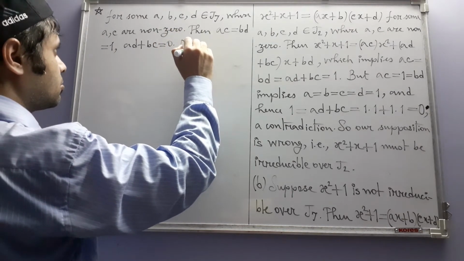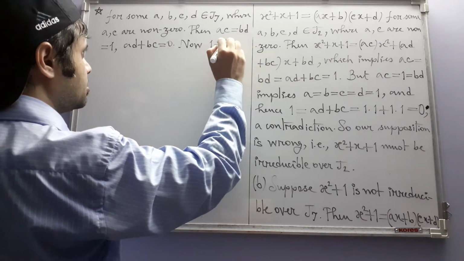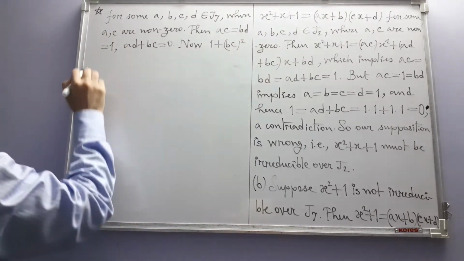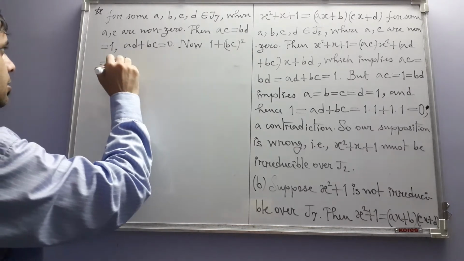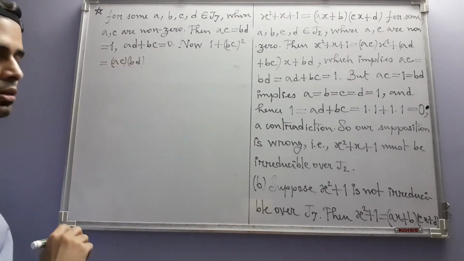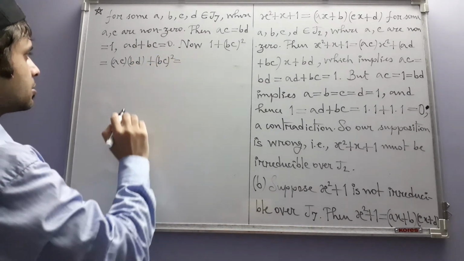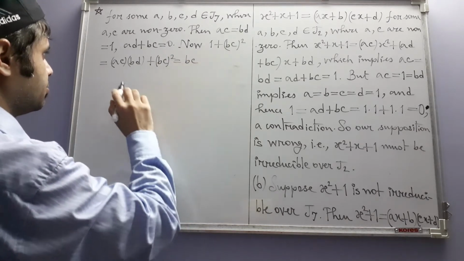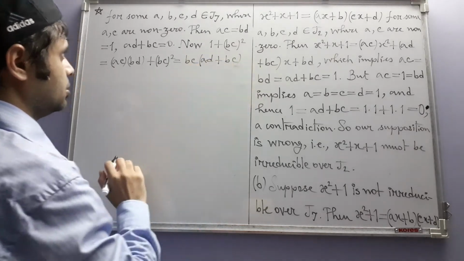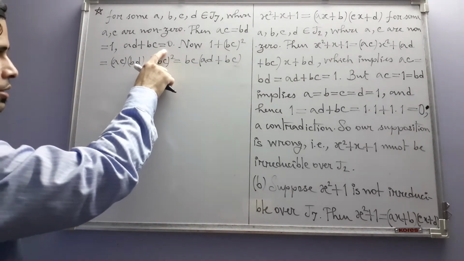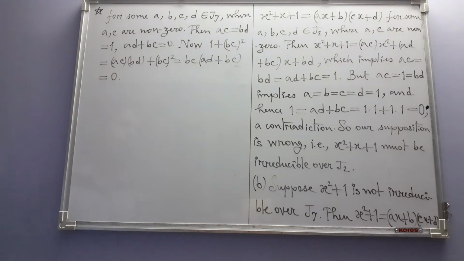Now 1 plus BC square. In place of 1 we can write AC times BD, because both of them are equal to 1, and we keep BC square like this. Now we take BC common out. If we do that, here we will have AD plus BC. Now you can use this relation. So since AD plus BC is equal to 0, this is equal to 0.